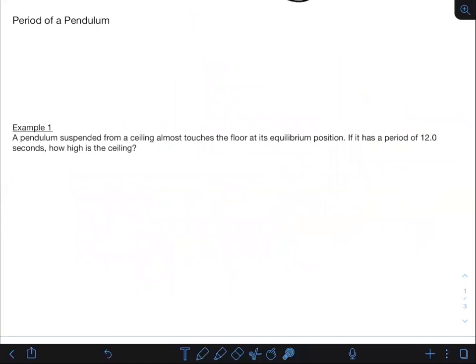Now, were we in the lab, we would try to create an experiment that would allow us to evaluate how various variables may affect the period of the pendulum. So let's brainstorm some of those pretty quickly here. What are some things that may affect the period of the pendulum?